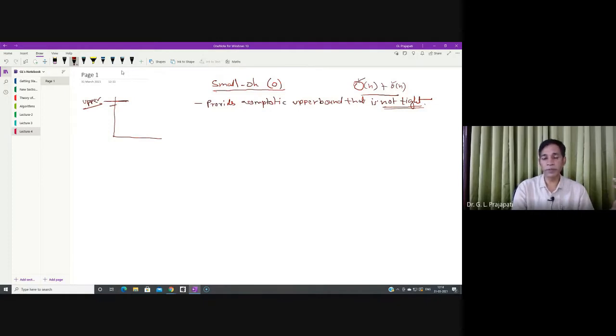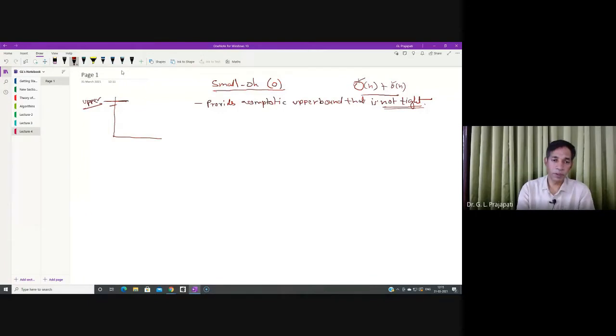So whenever you have roughly estimated the bound of your algorithm, and you have not done the accurate computation of the number of operations, but you feel that this may be the maximum upper bound and your algorithm will not take more than this many operations, then you are going to provide a loose upper bound.